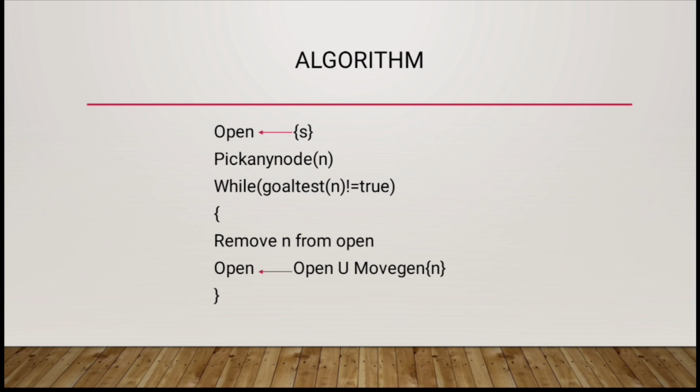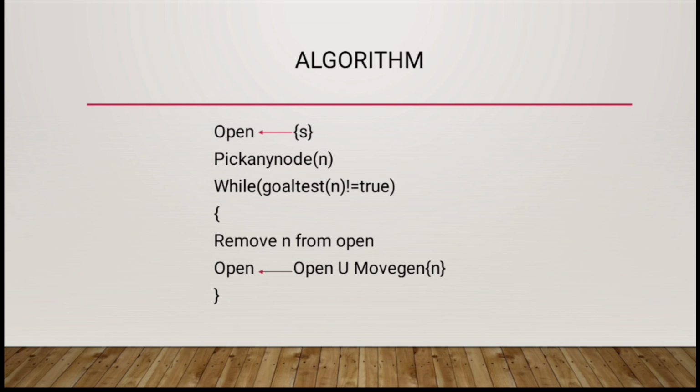You can see that I have moved S into the open list. I'm going to pick any node, say n, from the open list, and I'm going to apply the goal test to the picked node.